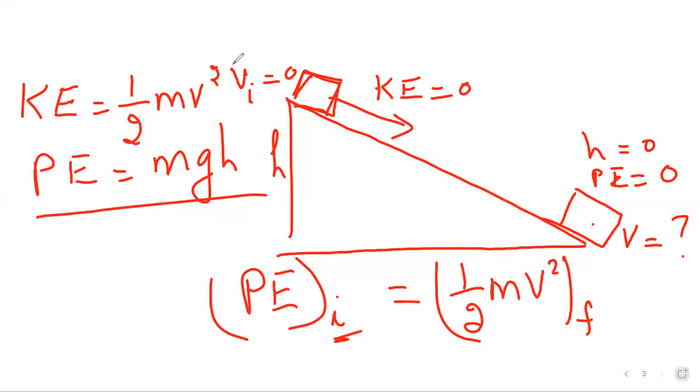You can just get rid of these i and f once you know what you're talking about, and then just set up these formulas. You just put in the formula for mgh, and if there's no friction involved, then you simply set mgh equals half mv squared.